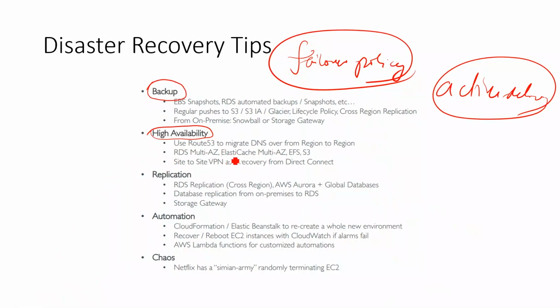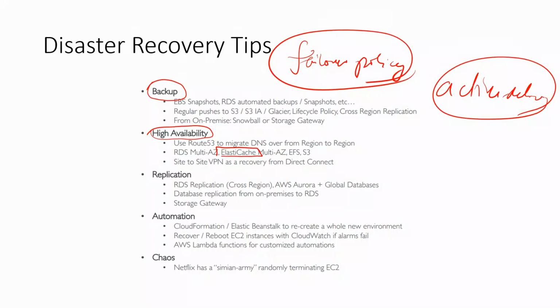You can enable caching, right? You can have a cache. If there is a cache hit, then the number of reads and writes on your database will reduce. So it's a very highly available architecture. You can have multi-AZ, you can have Elastic File System.